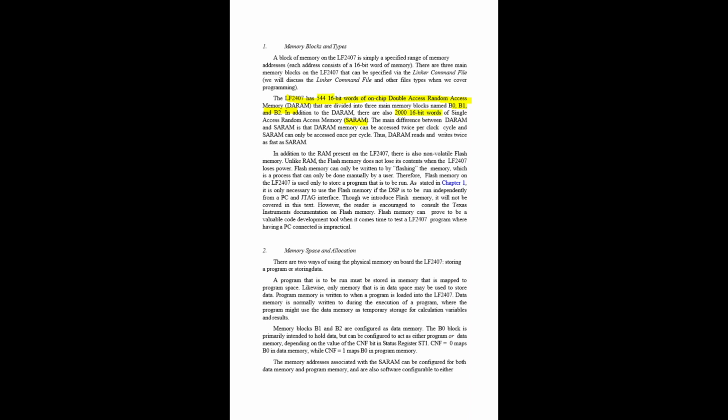Here 544 16-bit words of double access memory. Here the single access memory has 2000 16-bit words available. We know that if the CNF bit is 0, it will be data memory. If it is 1, it will be program memory.